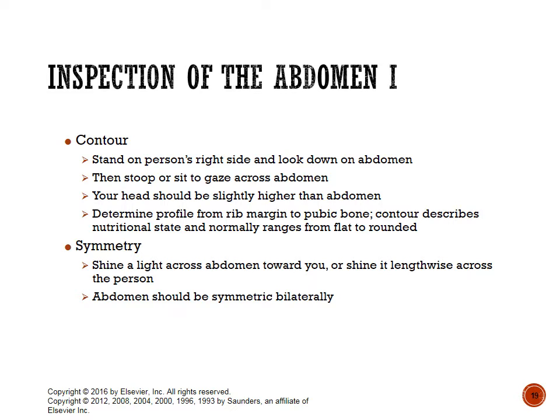Some of the bulges that we may see are hernias. We could also see some nodules around the umbilicus if there is a cancer issue going on as well. From this symmetry, we could also see bulging of the liver, an enlarged liver or spleen at this time too.